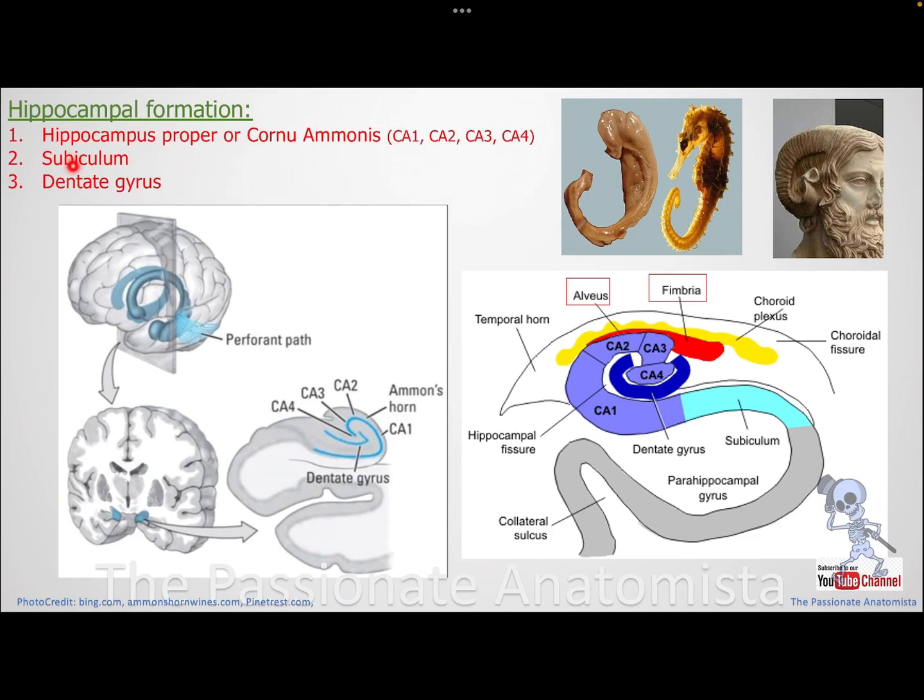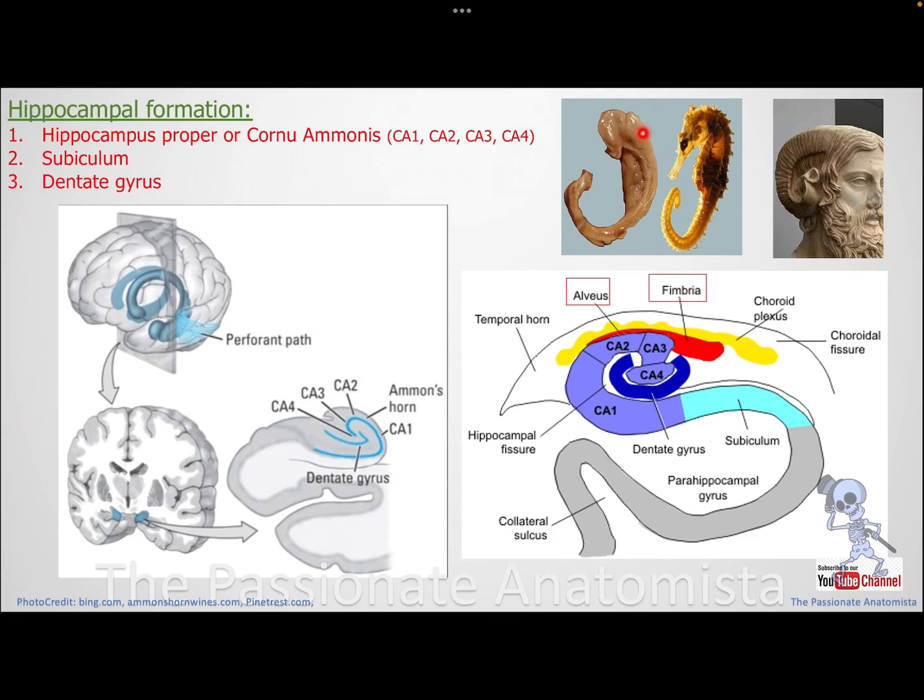And you have the subiculum. The subiculum is where you will get everything coming out of your hippocampal formation. If we look at this diagram, you will see that this is the dentate gyrus. It looks like a C-shaped part, and there is an S-shaped part coming out of it. This is the cornu ammonis, and the subiculum is where you come out of that to process the information to the parahippocampal gyrus.